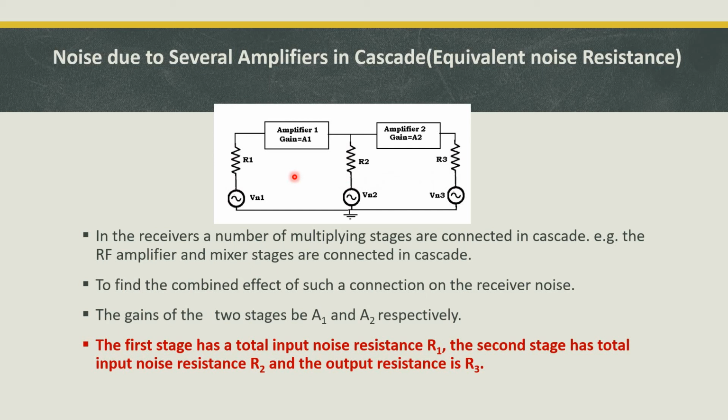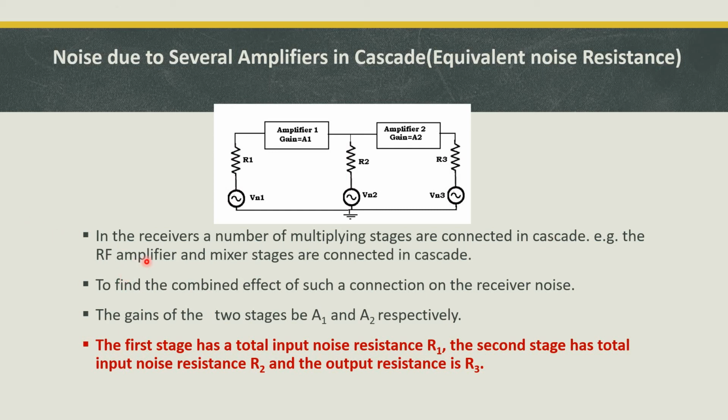Then this particular circuit will be analyzed or replaced by combining all resistors together. How to calculate the equivalent noise resistance? In the receiver, a number of stages are connected in cascade.